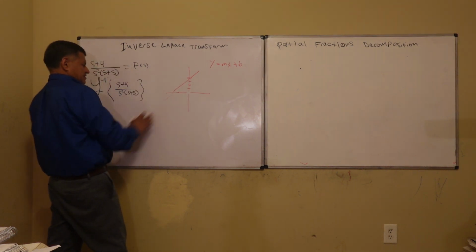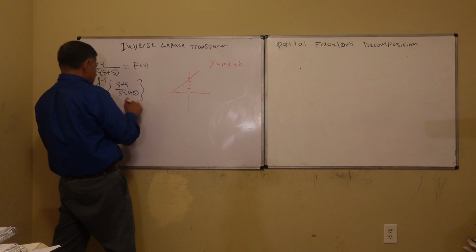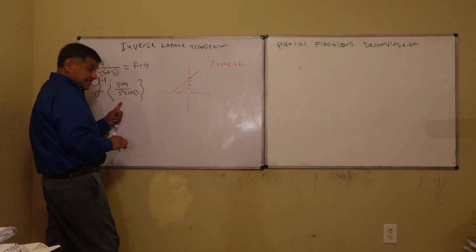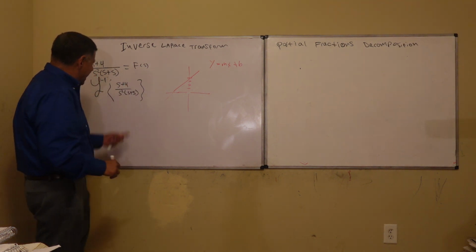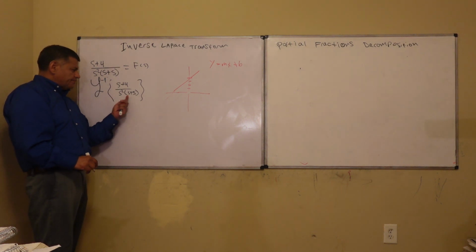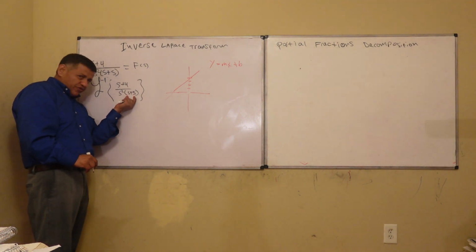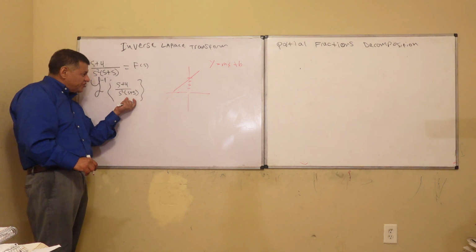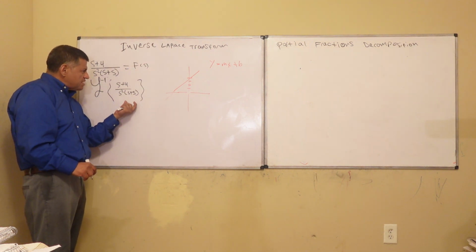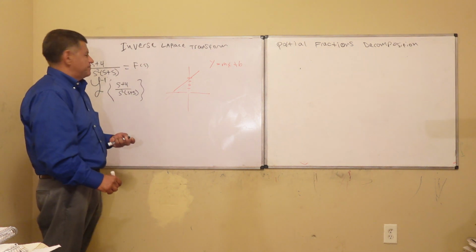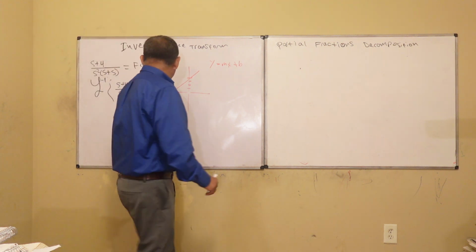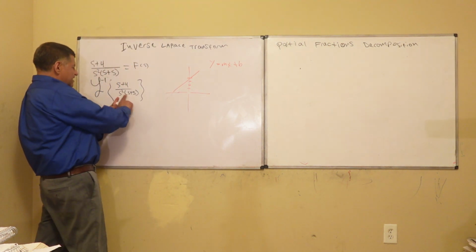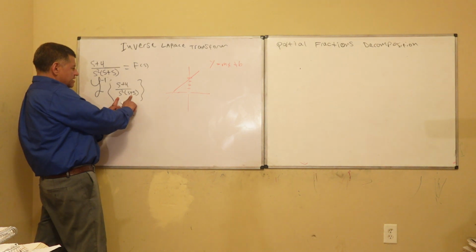But on the bottom, I have a parabola multiplying a linear function, which means that I have a cube function, because when you distribute that inside, it gives you a cube, right?